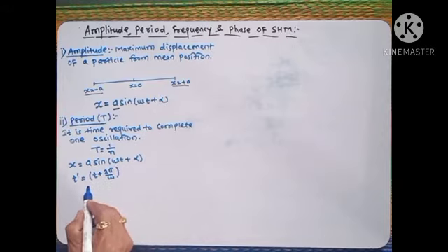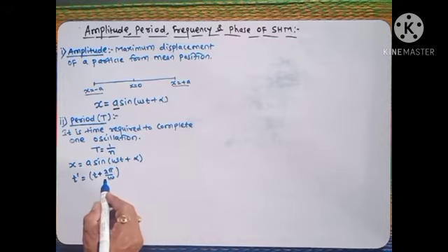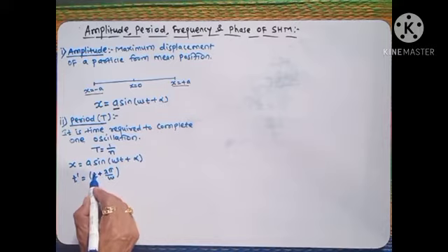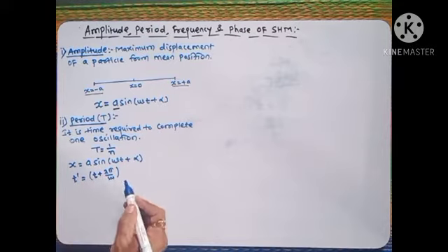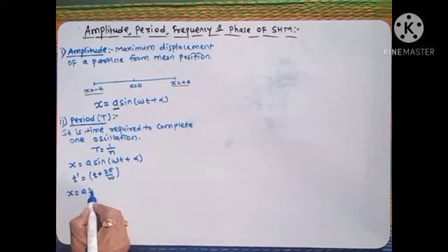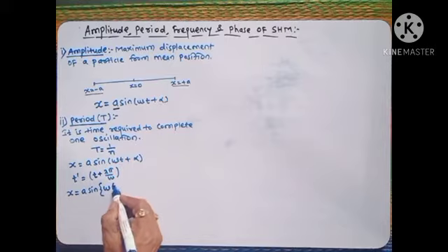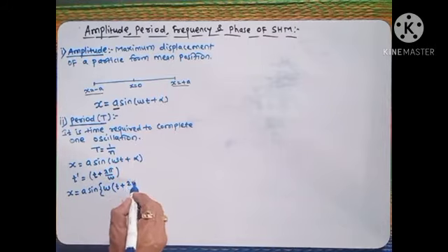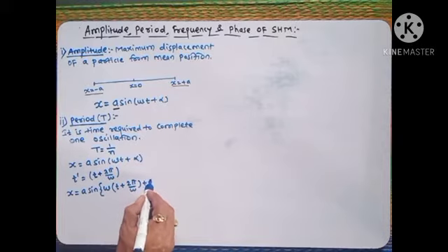Starting from small t, after time 2 pi by omega, what is the displacement? We write here x equal to a sine, into bracket omega, instead of small t, we write here t plus 2 pi by omega, plus alpha.